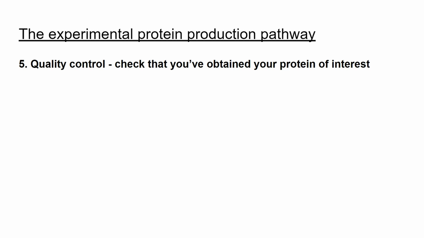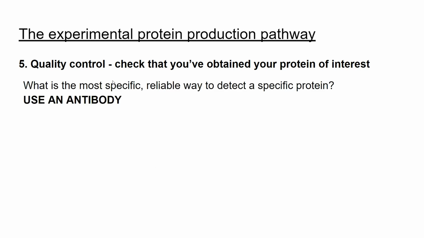Now, the final step in this process, which is very important but often overlooked, is that of quality control, i.e., checking that you've actually obtained enough of your protein of interest. So what's the best way we can do this? The most specific way, the most reliable way to detect a specific protein of interest is using an antibody.